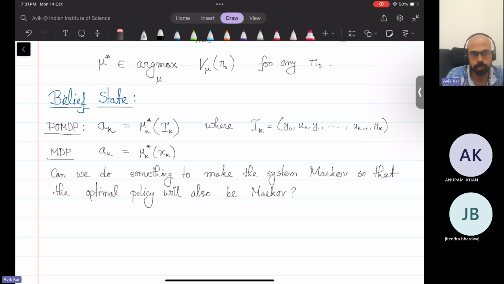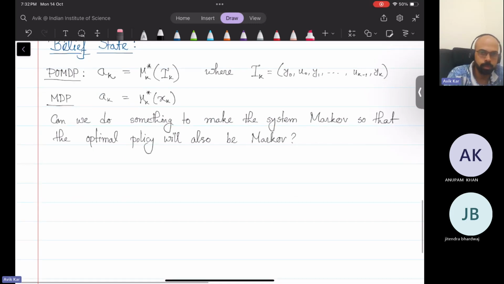So that's the main question, and that's the reason behind why we go for belief state. The idea is very simple: maintain a posterior distribution of the current state given the information. So belief state is nothing but this thing.